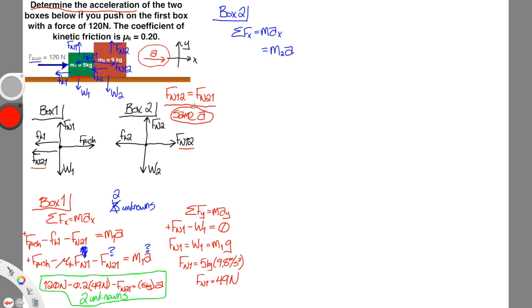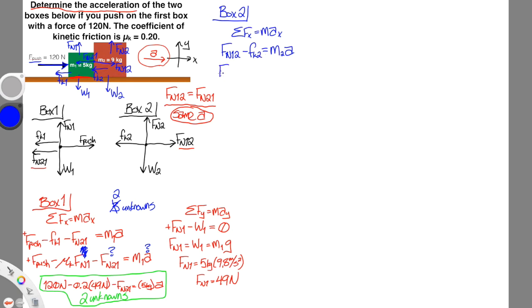If you push box 1 5 meters, box 2 will also move 5 meters. And then we look at our free body diagram to see what forces we have in the x direction. And we have Fn12 acting in the positive x direction and Fk2 acting in the negative x direction.